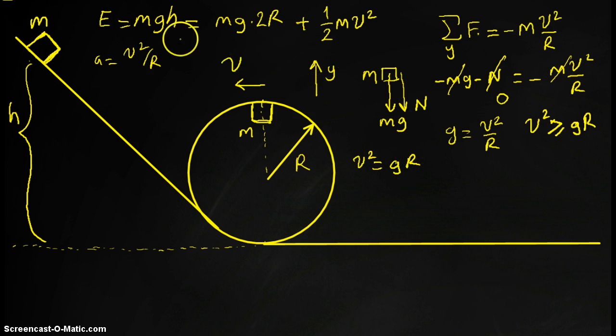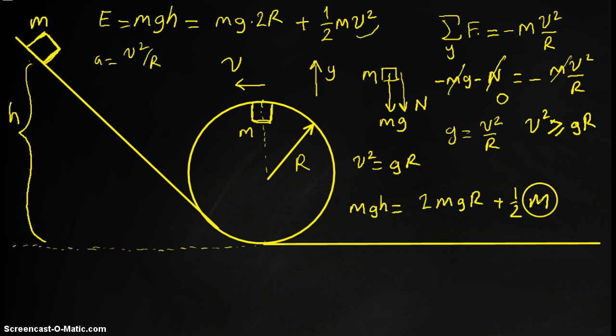So now we are ready to put this v squared value in the first equation, which is the conservation of energy equation, and find h in terms of r. On the left hand side we have mgh, and this is equal to 2 times mgr plus 1/2 m times g times r.